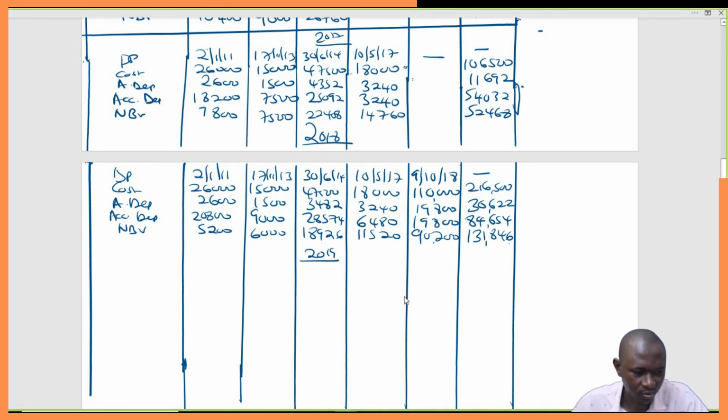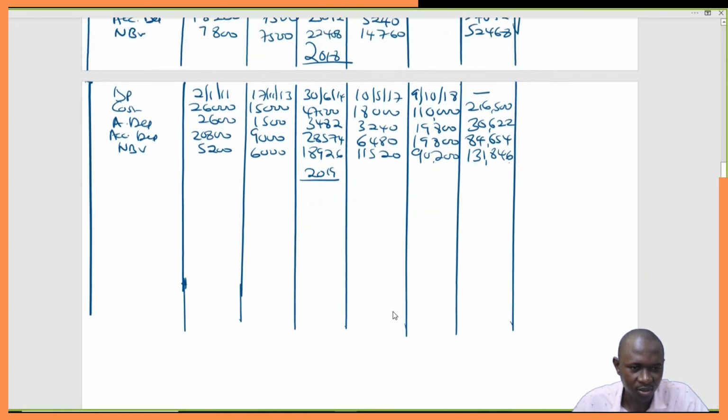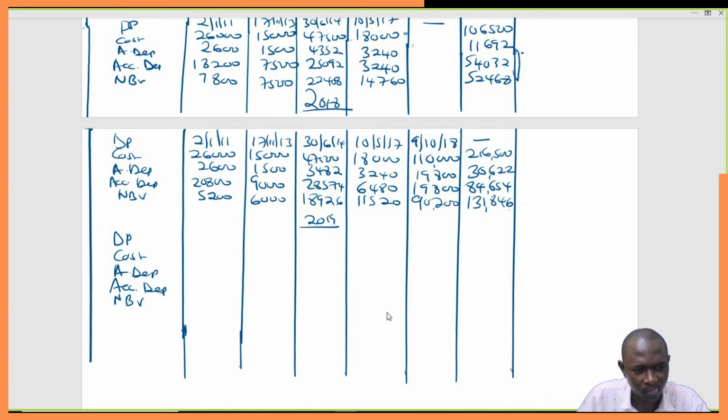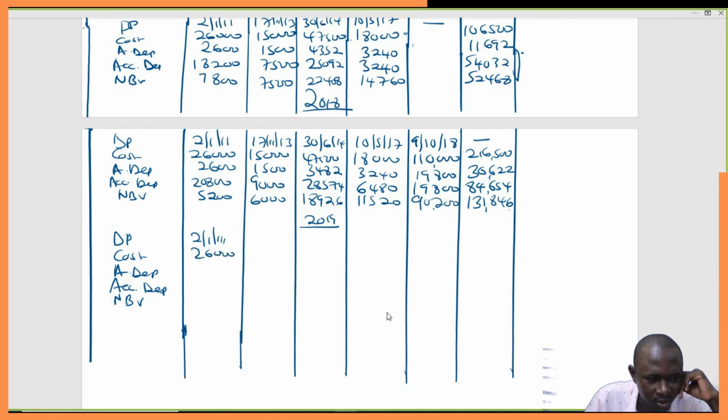Hope we are moving. You can see we are moving well. So we only have 2 years remaining. Good for us. So cost, accumulated depreciation, annual depreciation, accumulated depreciation, and net book value. So do you have here 2111, 26,000, 23,400, and the value that is remaining is 26.